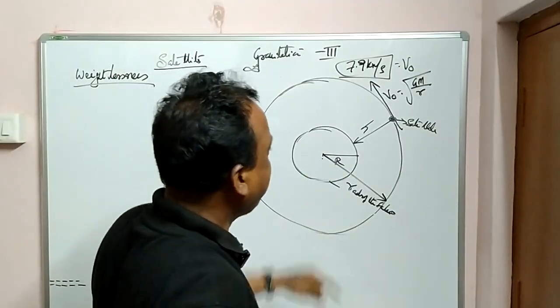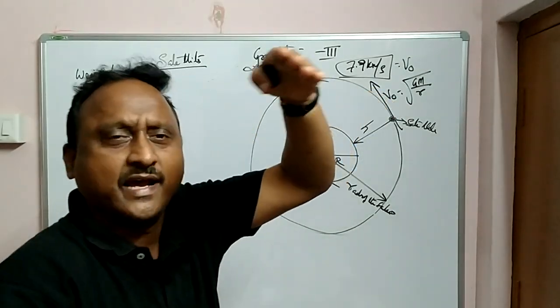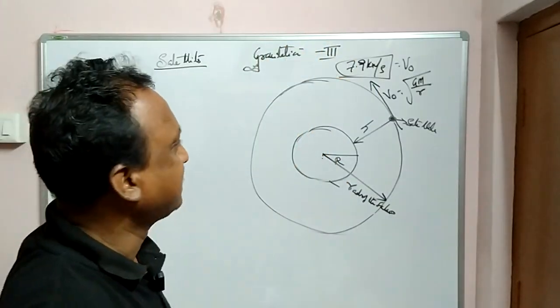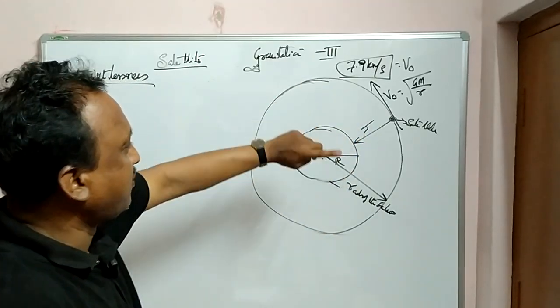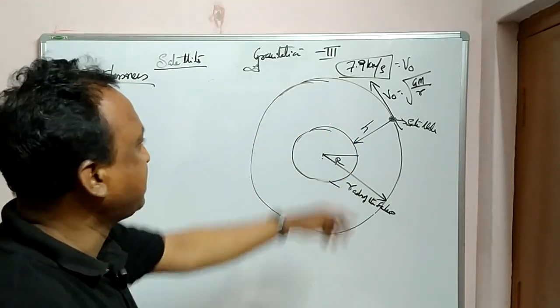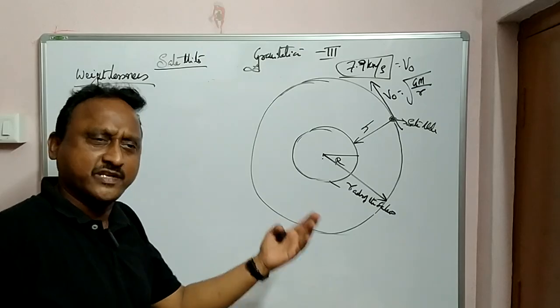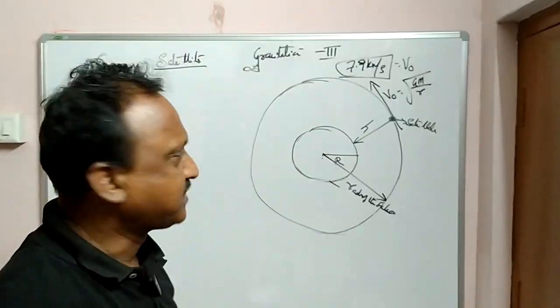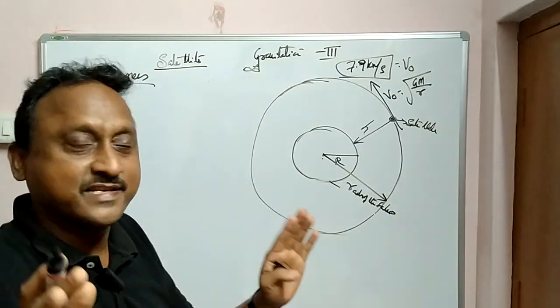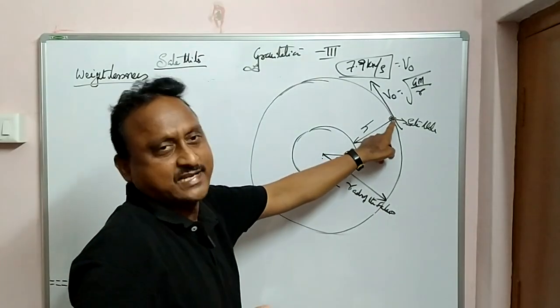And h is the height at which the satellite is placed above the earth's surface. So when the satellite is rotating with a velocity v0, root over G M by r, or root g r, or 7.9 kilometers per second, what are the forces acting on the satellite?